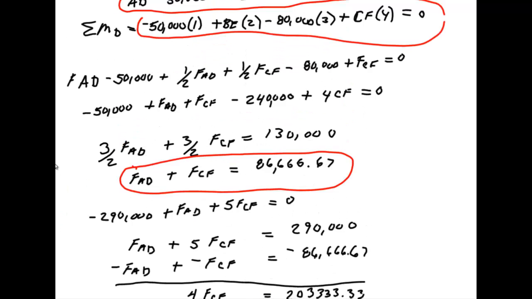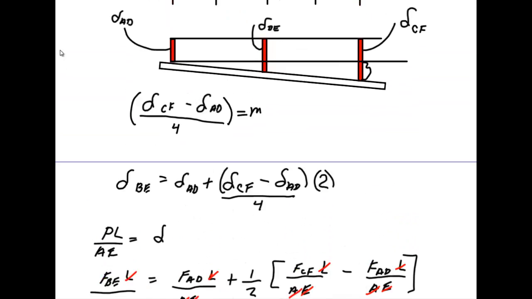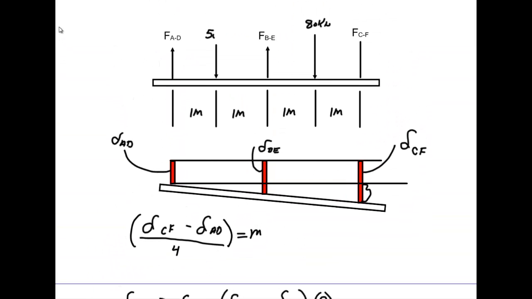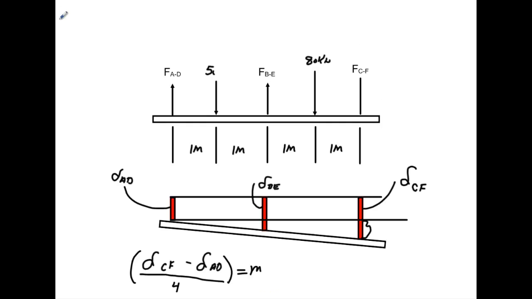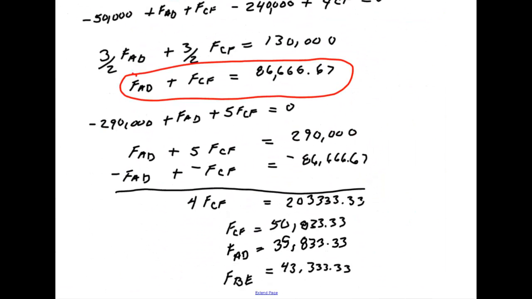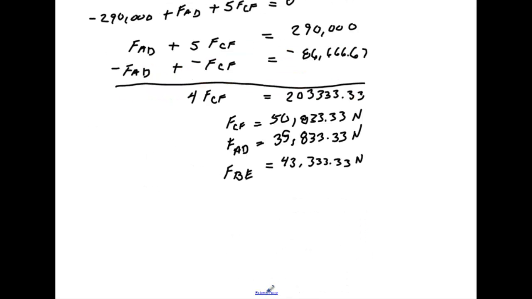Alright, so now let me go back to the picture because I would like to know what the unit is. Okay, kilonewtons. So we're doing great. We got it all into newtons. I should put that in there. Newtons.